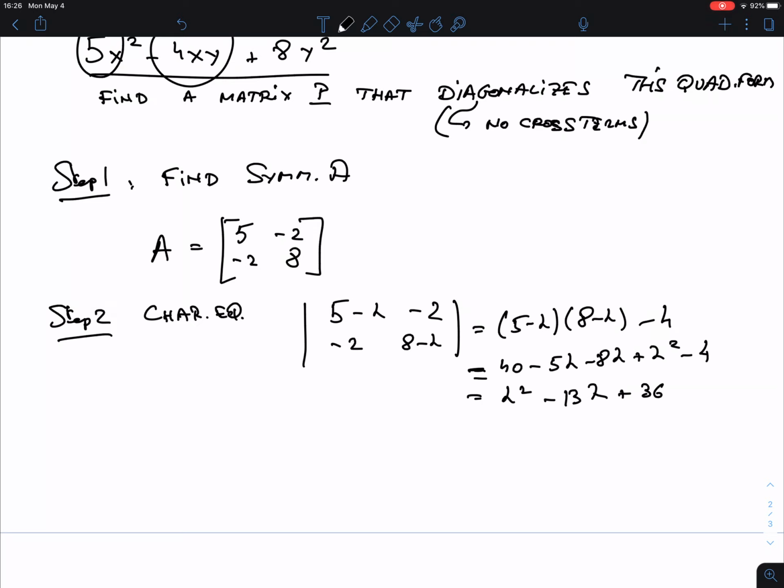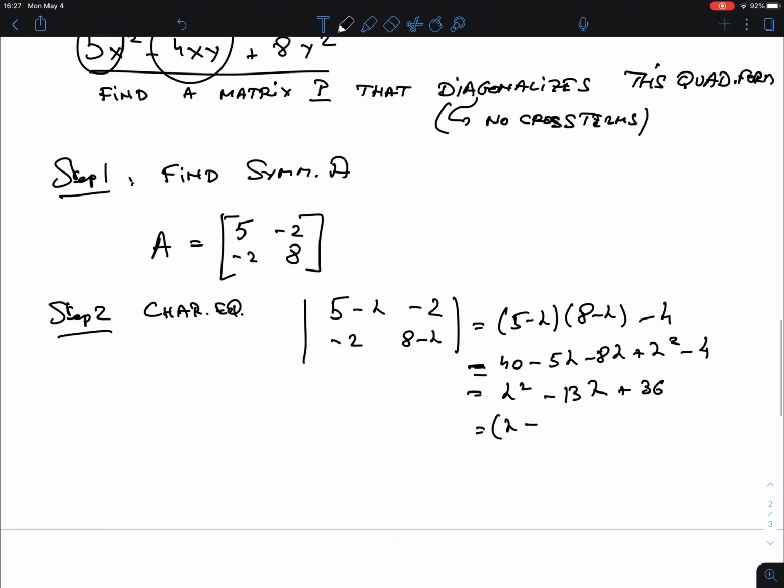Yes, okay. So I need two numbers that add up to 13 and multiply to 36. And that would be 4 and 9, right? So that would be lambda minus 4 times lambda minus 9.